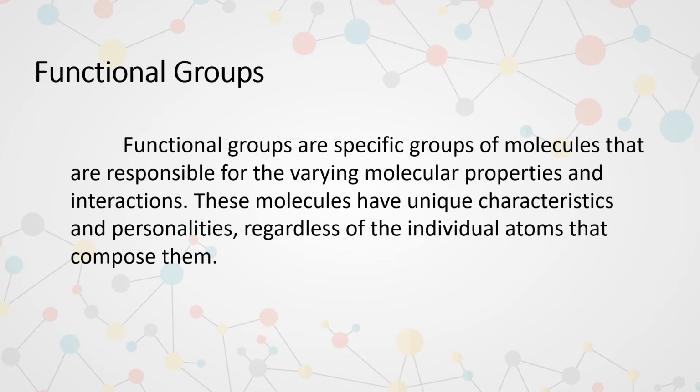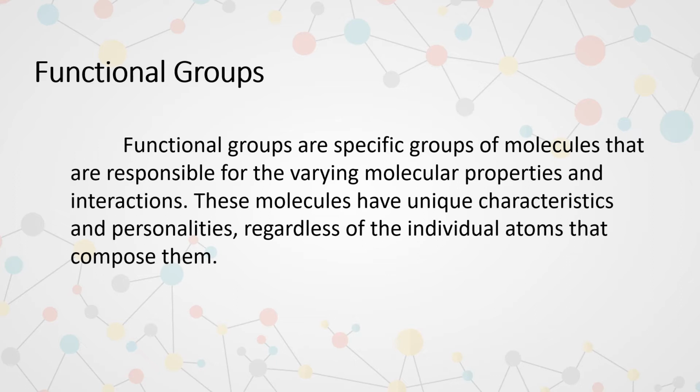Functional groups are specific groups of molecules or compounds that are responsible for the varying molecular properties and interactions. These molecules have unique characteristics and personalities regardless of the individual atoms that compose them. So these groups' main composition is carbon.